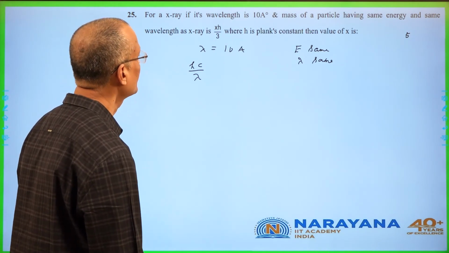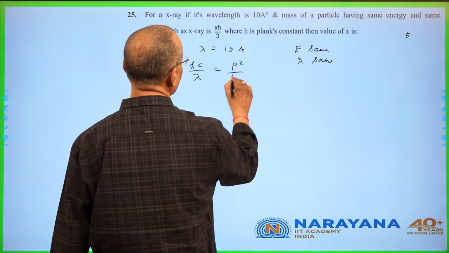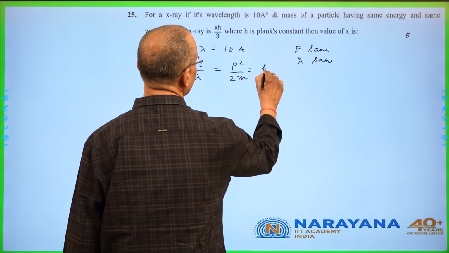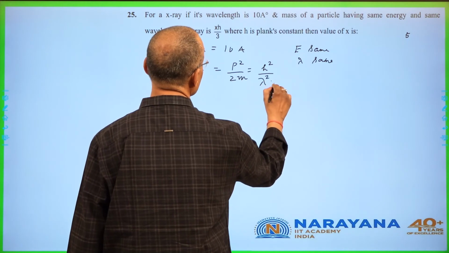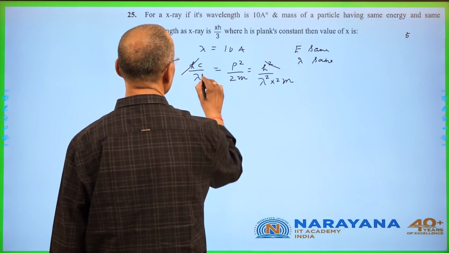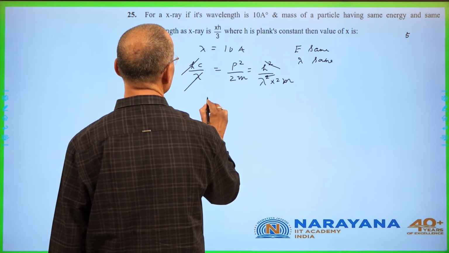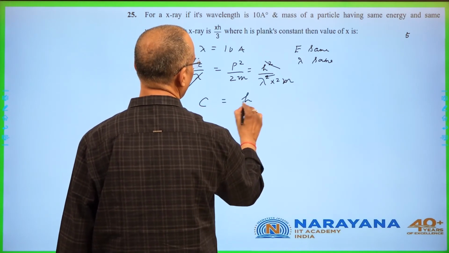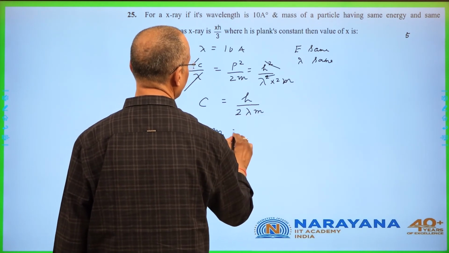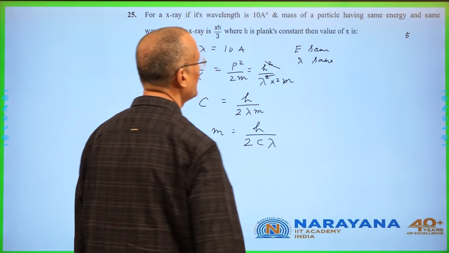And if you go for this side, the particle has P square by 2m, and P square is h square by lambda square, over 2m. One h is cancelled, one lambda is cancelled. What I am interested in here is ch by 2 lambda m. I want m equal to h by 2c lambda.